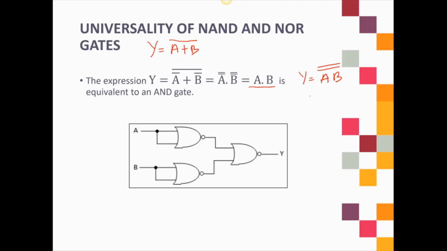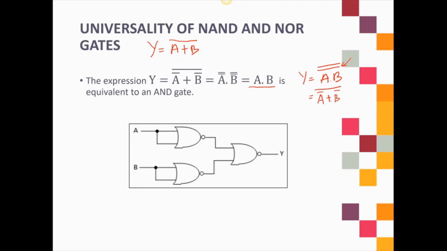Next step, you need to apply De Morgan to the bottom inversion bar. Why? Because we need to change your sign. Your sign is dot, so we need to change it to a plus sign. When we apply De Morgan to the bottom bar, you will get A bar plus B bar, and then you remain your top inversion bar.